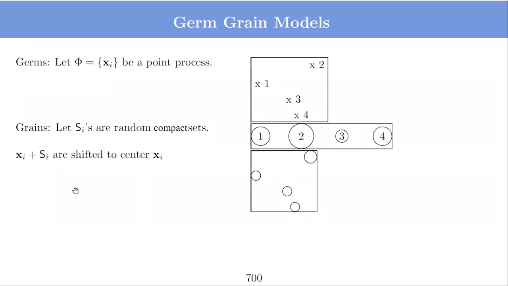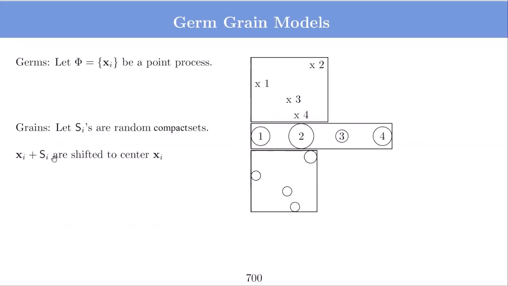Now what we do is we take each point and a corresponding grain, and we shift the grain to this point. So the first grain will be shifted here, the second grain here, the third grain here, and the fourth grain here.